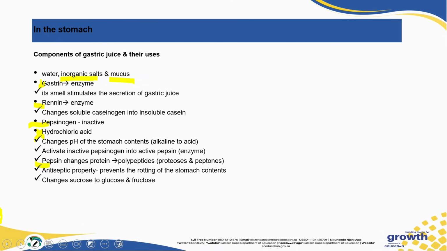Another function of the hydrochloric acid is that it acts as an antiseptic because it prevents the rotting of the contents of the stomach. So the contents of the stomach don't get rotten because of the presence of hydrochloric acid.